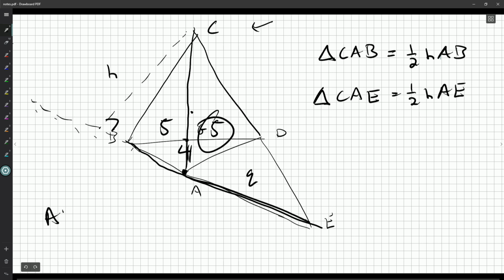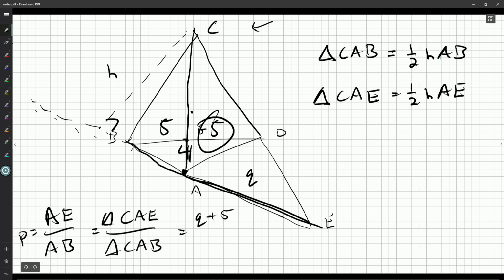So AE over AB, the ratio that we're calling P, is CAE, that triangle, divided by CAB, which would be Q plus 5 over 5. That doesn't exactly help. We've got one equation and two unknowns, but it is our relationship. And I do need to work this Q out anyway, so that's kind of nice.